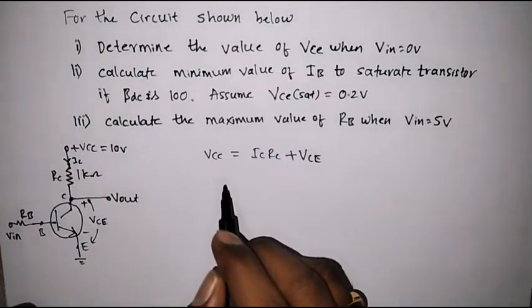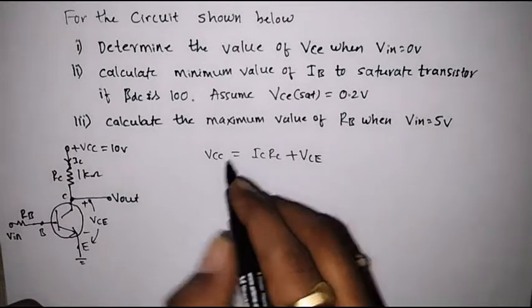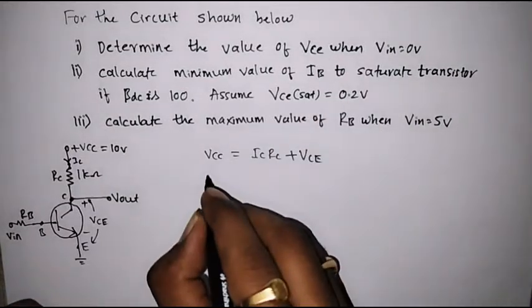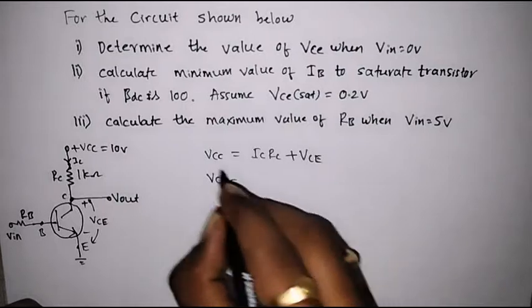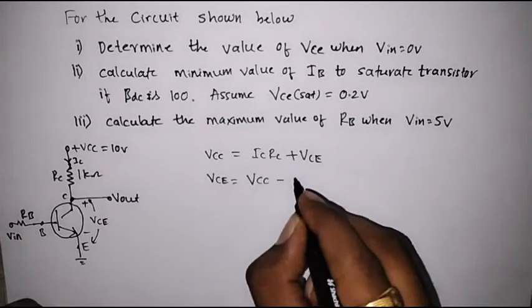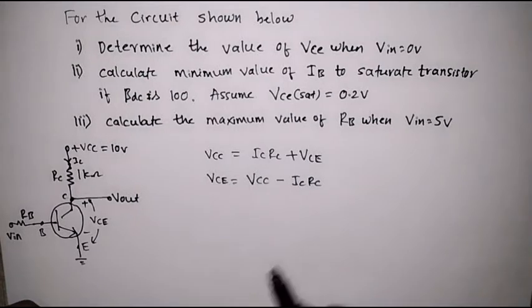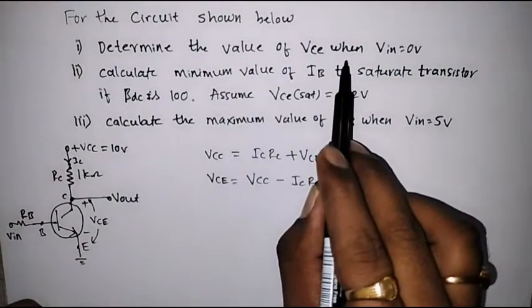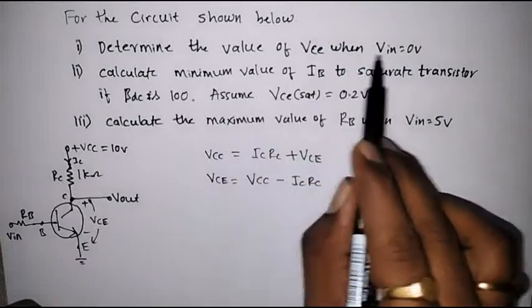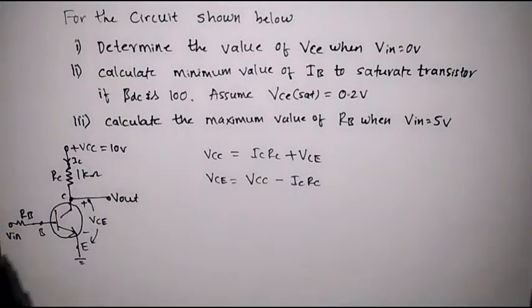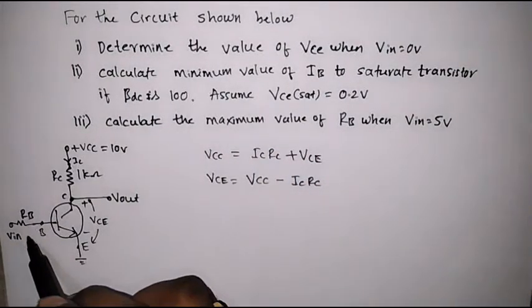In this example, we are supposed to calculate the VCE. Therefore, I can write VCE is equal to VCC minus IC into RC. Here the given data is we calculate VCE when Vin is equal to 0. So when Vin is 0, IB is 0.